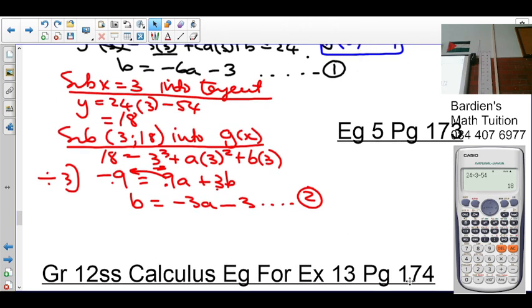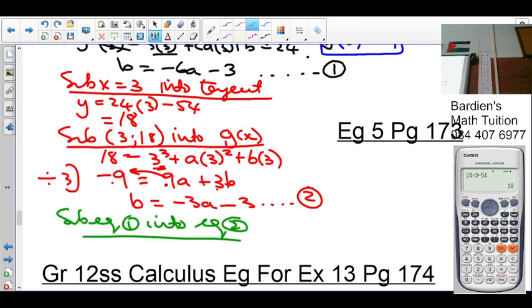So now we're going to substitute equation 1 into equation 2. Or we can equate the two equations, which is the same thing. Okay. So let's go. It's going to be negative 6a minus 3 is equal to negative 3a minus 3.